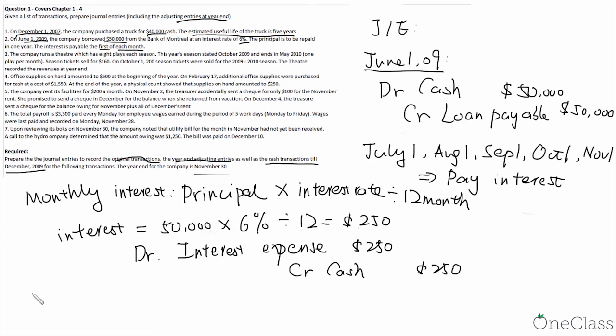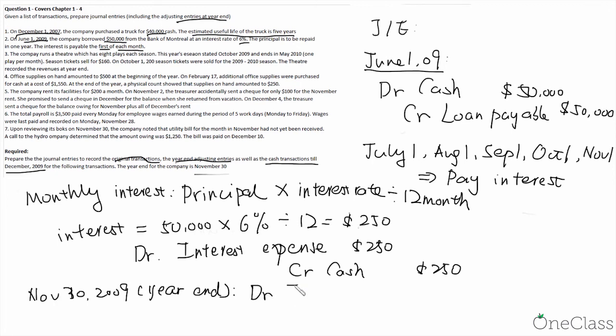And don't forget that on November 30th, 2009, which is our year end, we need to book accrual interest for the period from November 1st to November 30th.